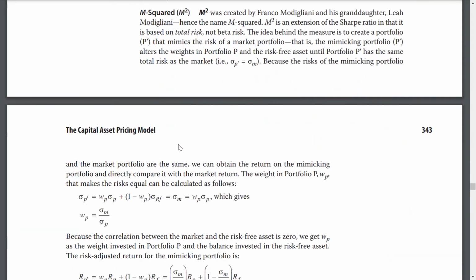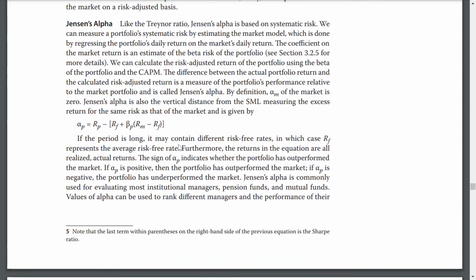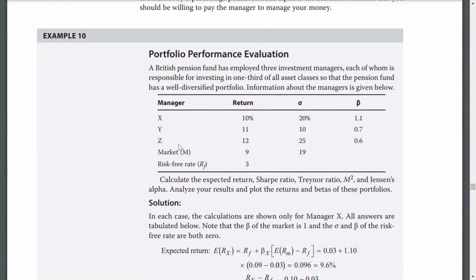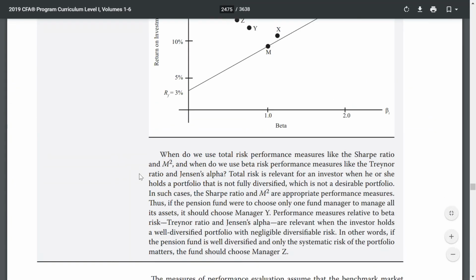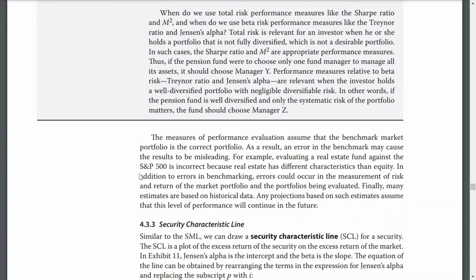the M-squared measure, and Jensen's alpha. These measures of performance evaluation assume that the benchmark market portfolio is the correct portfolio. As a result, an error in the benchmark may cause the result to be misleading.